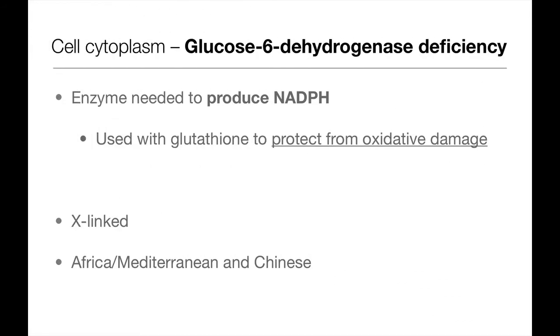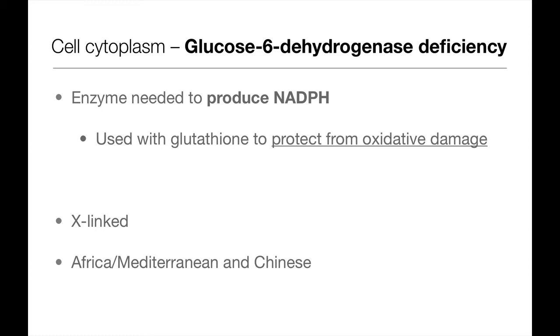If we move on now to talk about problems in the cell cytoplasm, we come to glucose-6-phosphate dehydrogenase deficiency, or G6PD deficiency. And here, the problem basically is that the cells are lacking one of the key enzymes needed to produce NADPH.